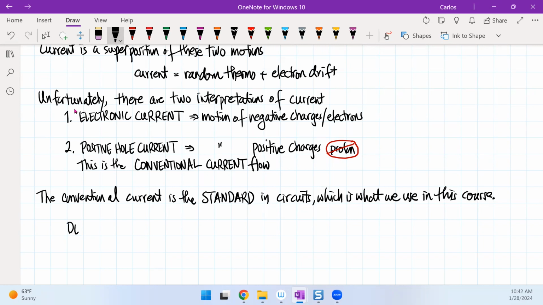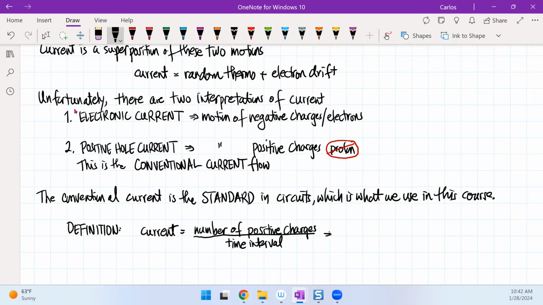So our definition of current says that current is equal to the number of positive charges that passes through some cross-sectional area in some amount of time.